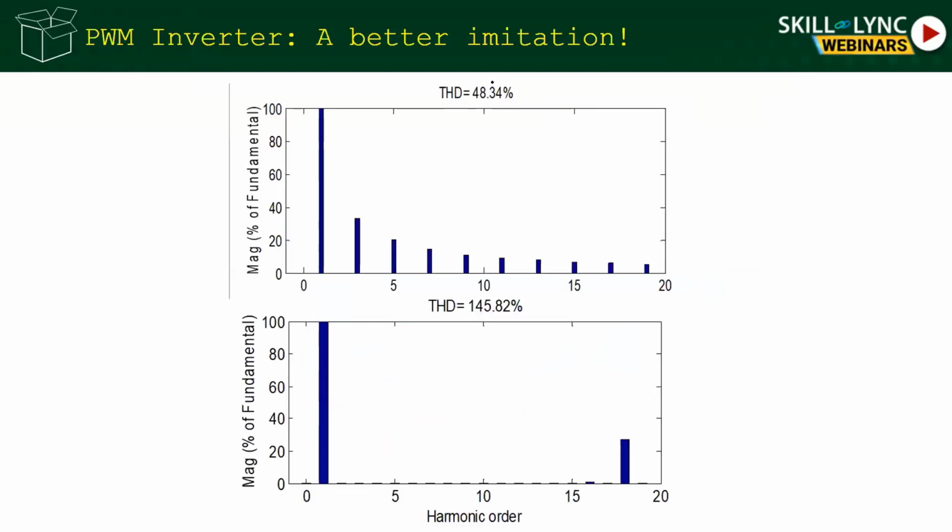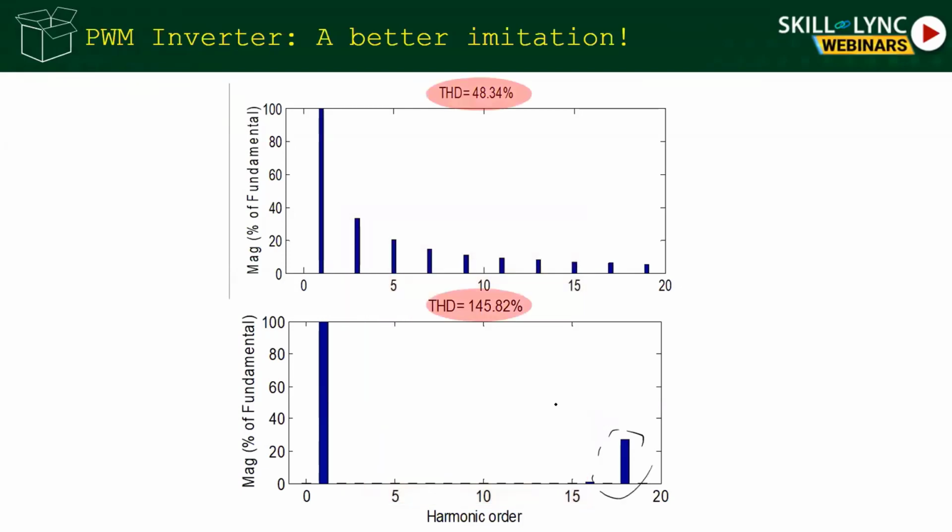First we compare the types of harmonics. In the square waveform, which was a poor imitation of a sine waveform, the harmonics were all lower order harmonics. It was difficult to remove them. But in the PWM waveform, you do not have lower order harmonics, you just have higher order harmonics, and they can be easily removed with the help of a filter.